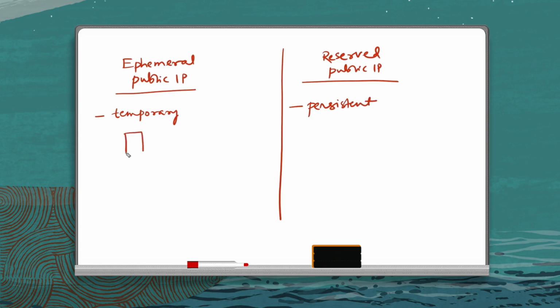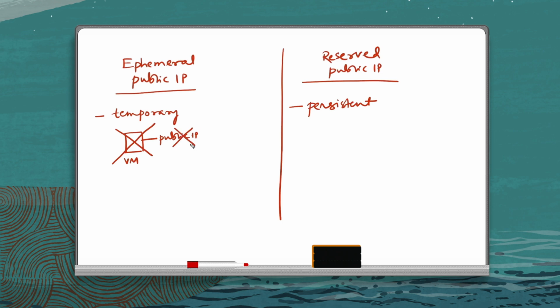We have an instance. This instance, let's say, is associated with a public IP address which is ephemeral. So what happens if we delete the instance or terminate the instance? This public IP address goes away.